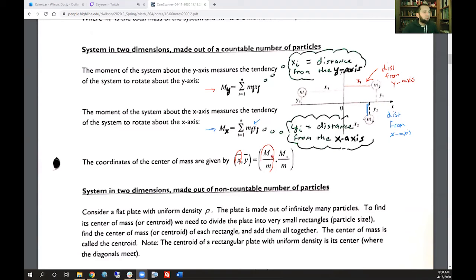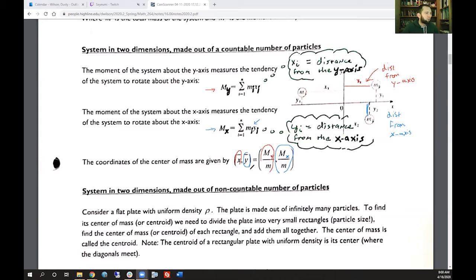All that combines to give us our moment about the x-axis, which gets used to find the y bar, or the y-coordinate of the centroid, or the center of mass.